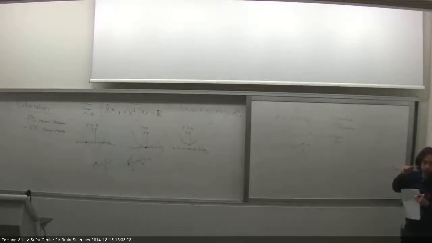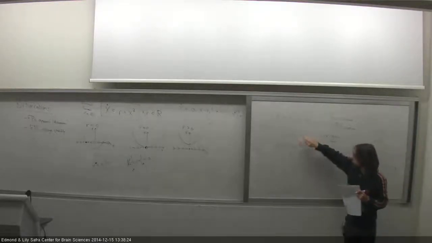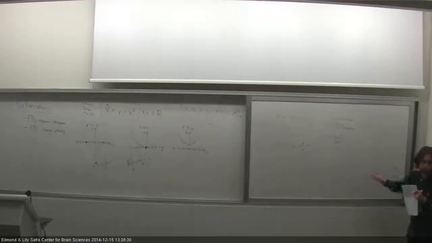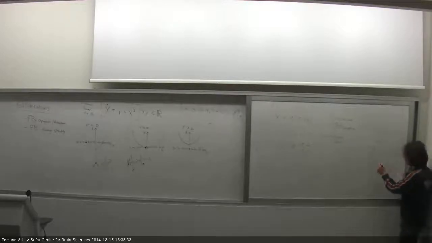When x is larger, then x squared is the dominant term, or minus x squared, actually. So farther away from the origin, the function should look like an inverted parabola.